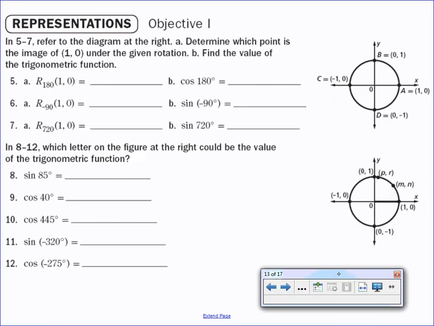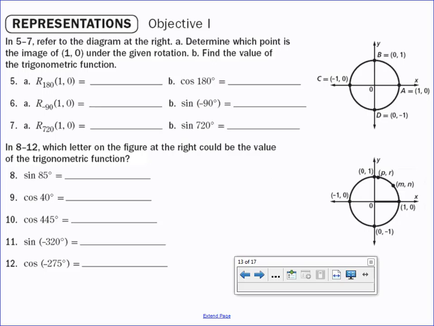So if I rotate my starting point (1, 0) a given number of degrees, then the cosine of that angle is just the x-coordinate of that point, and the sine of that angle is just the y-coordinate of the point. We can do these quickly.